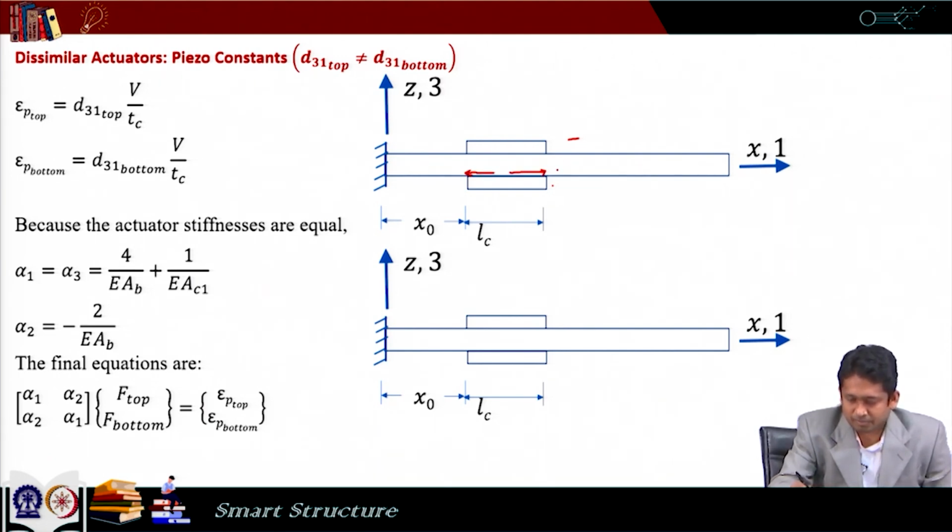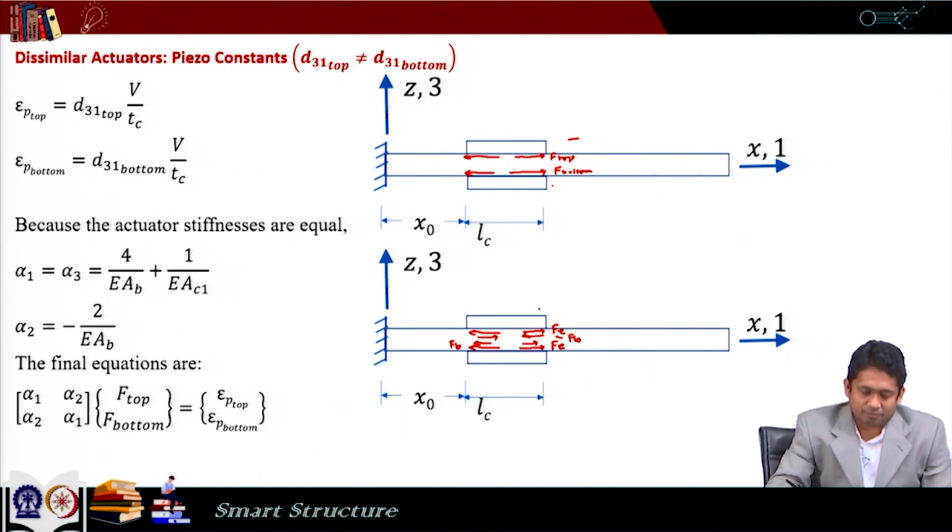Suppose the force here is F bottom and the force here is F top, and then again we decouple this into F E, the extensional part, and a bending part, which is F b.